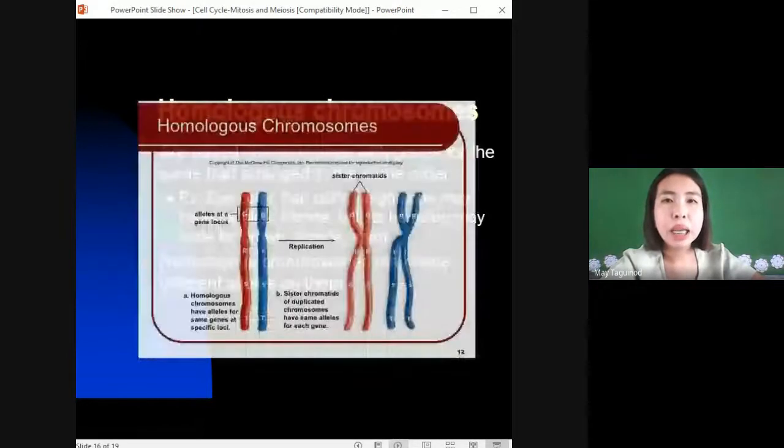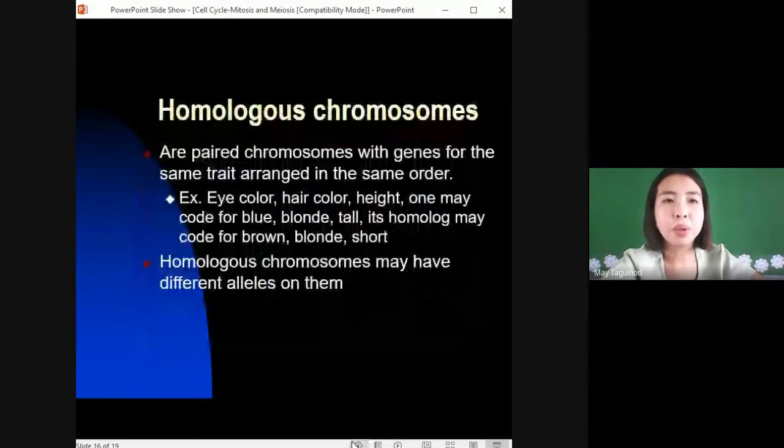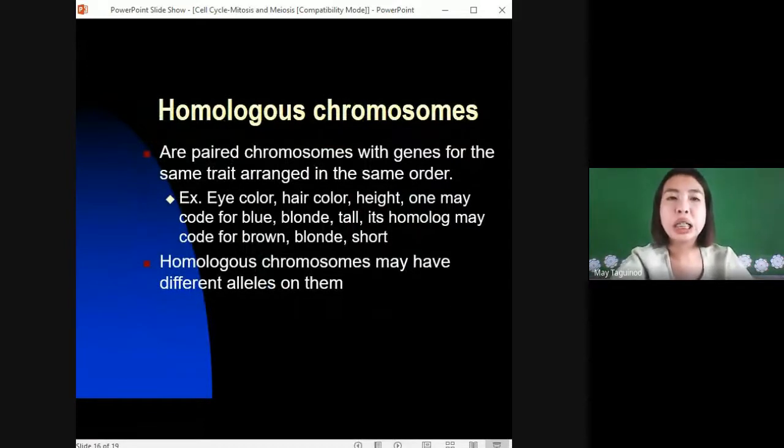So what are homologous chromosomes? They are paired chromosomes with genes for the same trait arranged in the same order. For example, we have your eye color, your hair color, your height, and one may code for blue, blonde, tall.